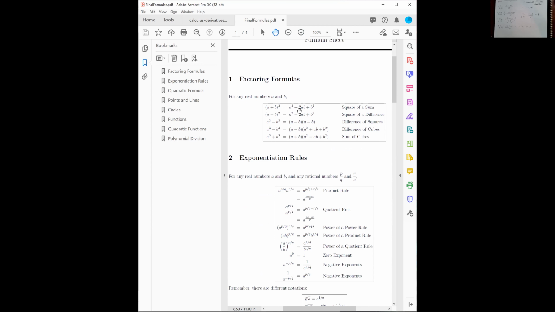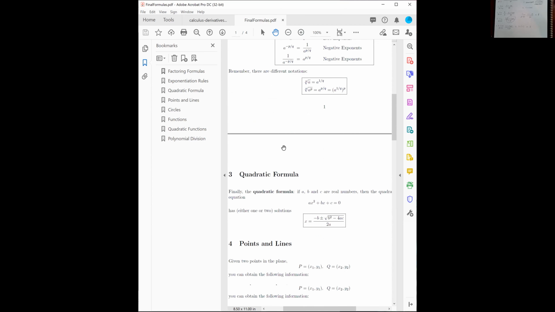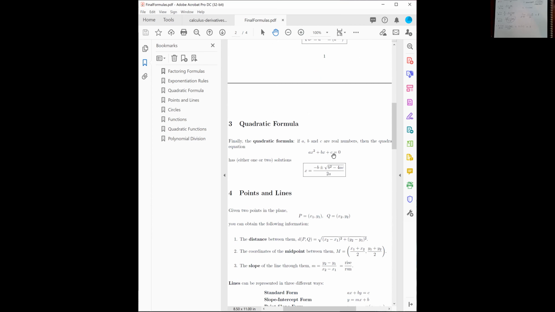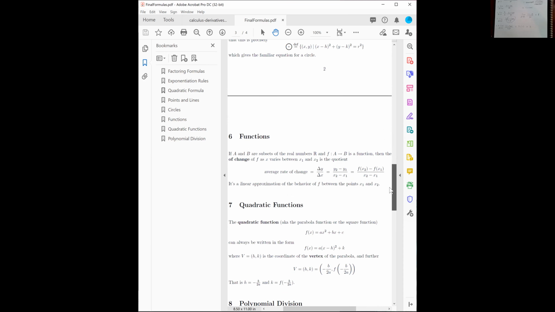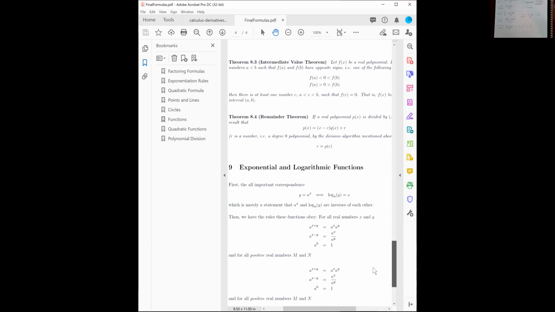So a plus b squared is always going to be this. A minus b squared is always that. Now see how if you have a difference of squares, it will always factor this way. Difference of cubes will factor this way. So you'll mainly need these bottom three to factor. I don't think you'll need the quadratic formula, but there it is, just in case. I think that is all.